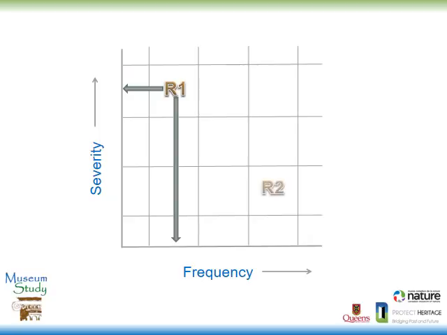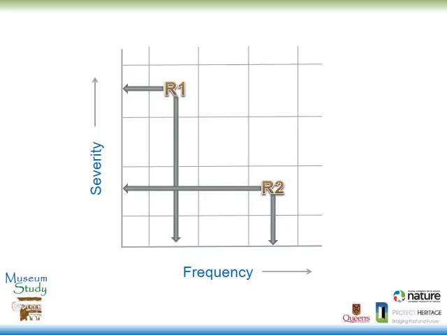At the other extreme, we might have a risk that's quite low severity, but really high frequency. Now, these could have equivalent impacts on a collection over time, but in this rendering, it always seems that risk 1 is much higher. That is the high severity, low frequency risk.